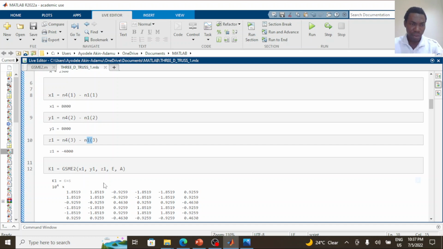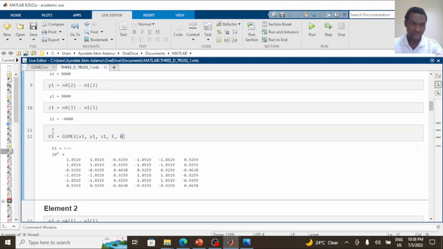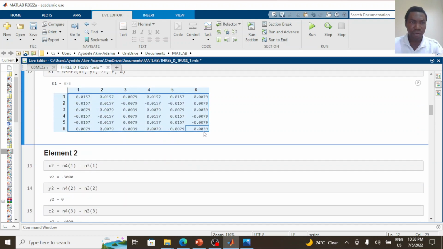We then enter the value of x1, y1, z1, the Young modulus, which we have already defined, and the area also, and we assign this function to a variable called k1. K1 is our local stiffness matrix for element 1. So when we run this, this is our 6x6 local stiffness matrix for element 1.